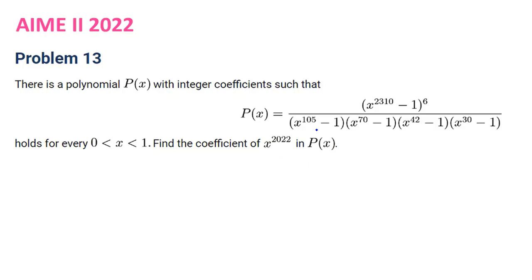Okay. For solving this problem, first we should pay attention to the relationship between 2310 and 105, 70, 42, and 30.